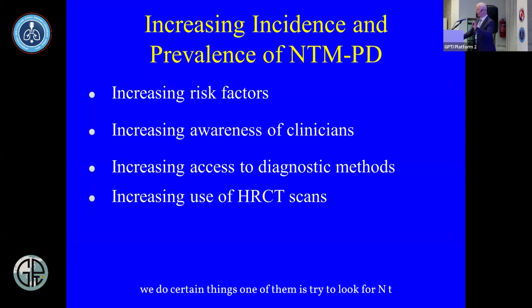One of them is to look for NTM, because if you give a monotherapy with just azithromycin or clarithromycin, that NTM becomes resistant to the antibiotic. So we have been looking for it, and the diagnosis of NTM has increased enormously in this group of patients. Obviously, some of it is contamination, some of it is colonization, but quite a few of it is genuine infection as well.